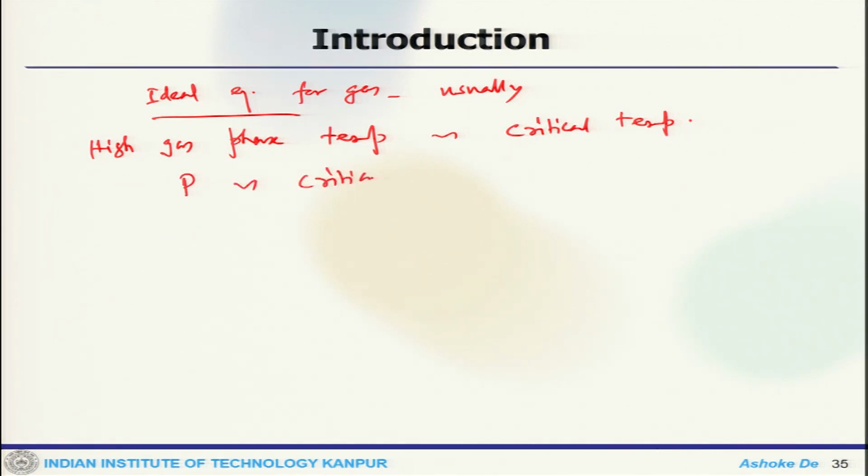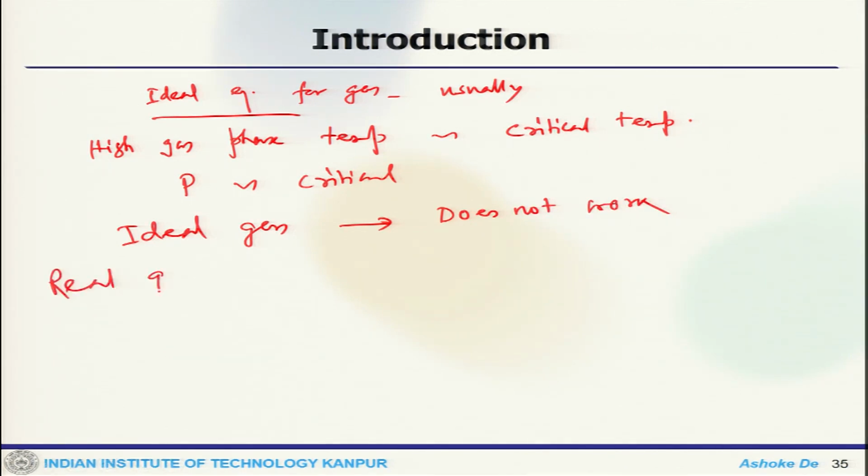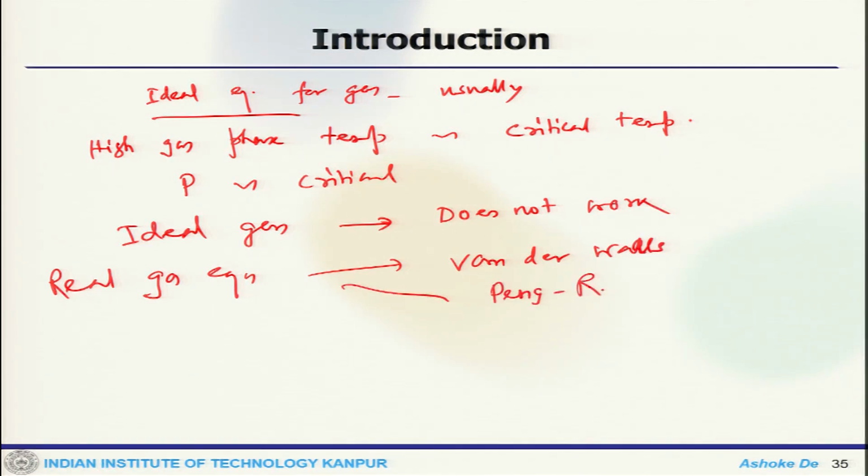Here the ideal gas does not work. So, one has to take a real gas equation, which could be the van der Waals equation, or Peng Robinson, or SRK model.